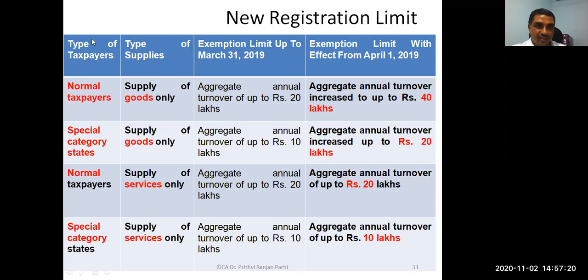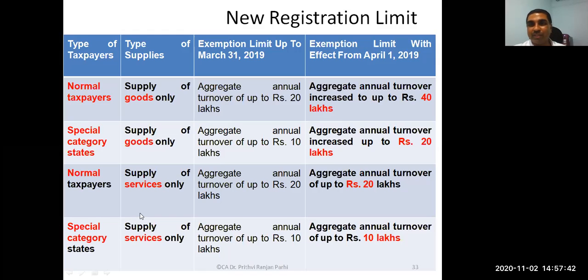Now you see, this first column is the type of taxpayer. Here we have categorized them as normal taxpayers and special category states. First is normal taxpayers for goods. Second is special category states for goods. Then normal taxpayer for services. Special category states for services.